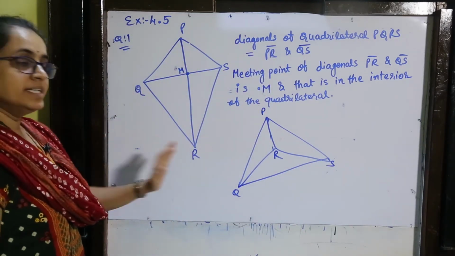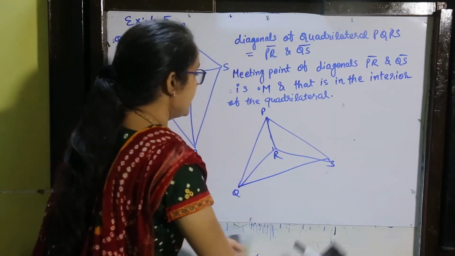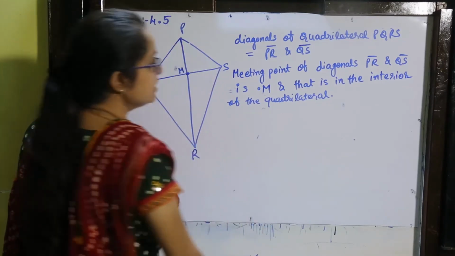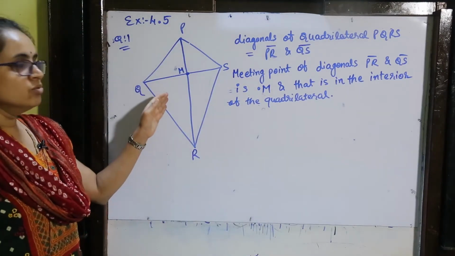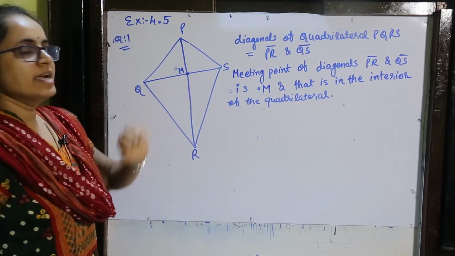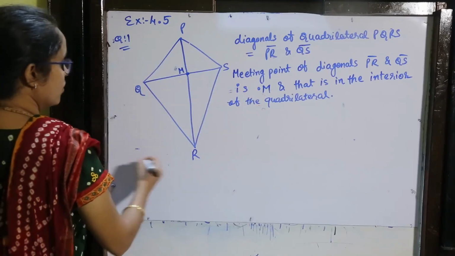It is not meeting anywhere. So this kind of thing will happen. That time you have to say that the diagonals are not meeting each other. But here it is not so. Here your diagonals meet, which is meeting at point M. So draw this neatly and complete your work.